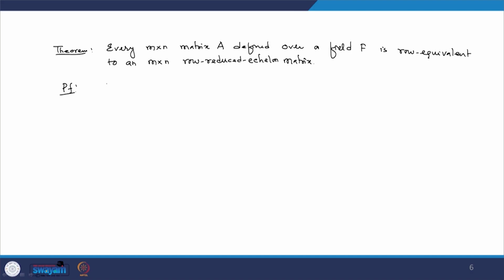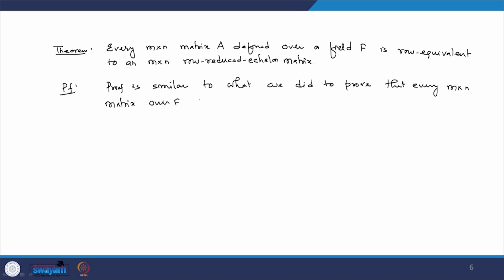Proof is similar to what we did to prove that every m cross n matrix over F is row equivalent to a row reduced matrix.